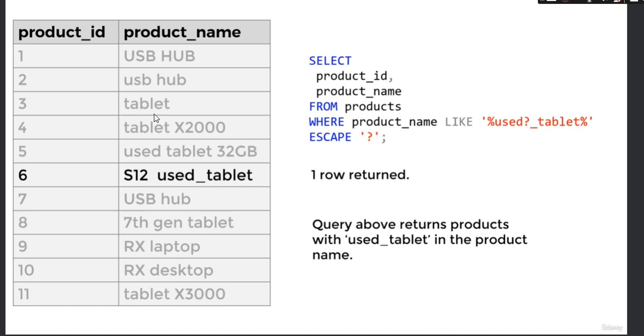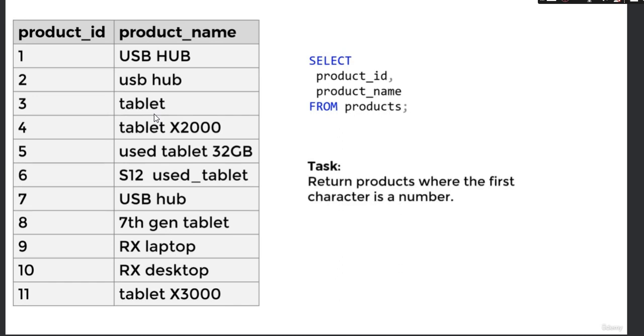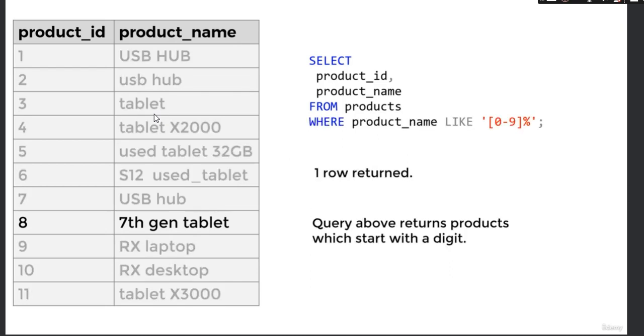Okay, let's go back to selecting our products from the table again. Now we have a new task: return products where the first character is a number. How do we do this? We can do this by writing the following query.